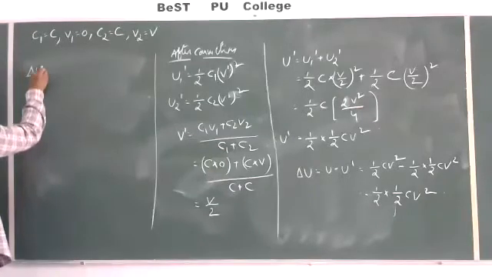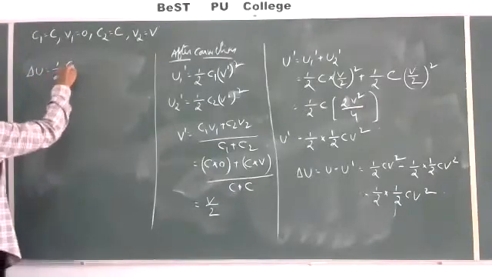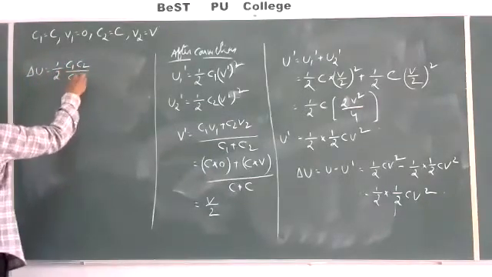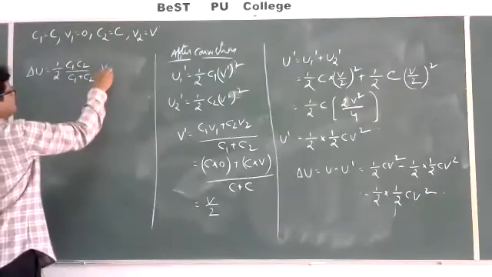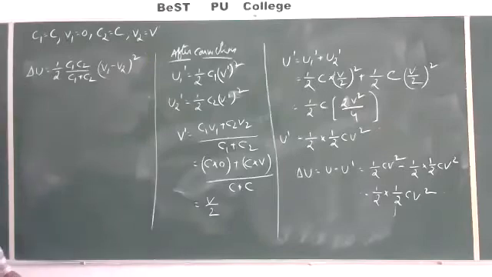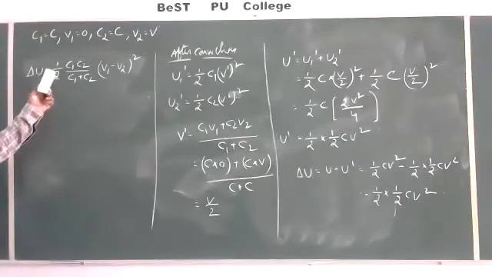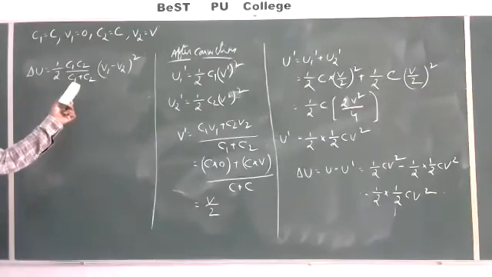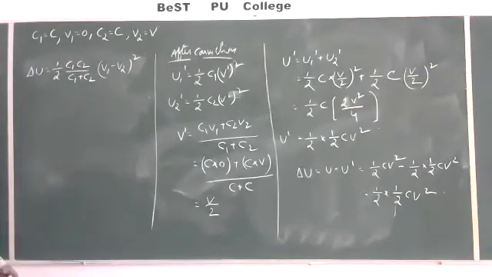Delta U is equal to half C1 C2 by C1 plus C2 into V1 minus V2 whole square, if you are able to remember, which is very similar to loss of energy in case of perfectly inelastic collision also. So easy to remember now.